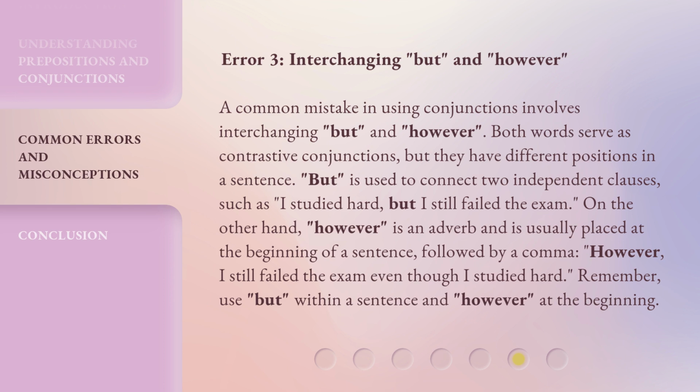On the other hand, however, is an adverb and is usually placed at the beginning of a sentence, followed by a comma. However, I still failed the exam even though I studied hard. Remember, use but within a sentence and however at the beginning.